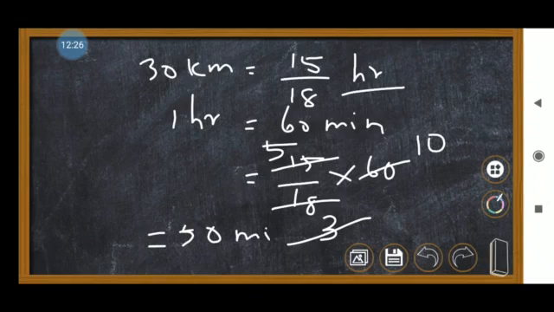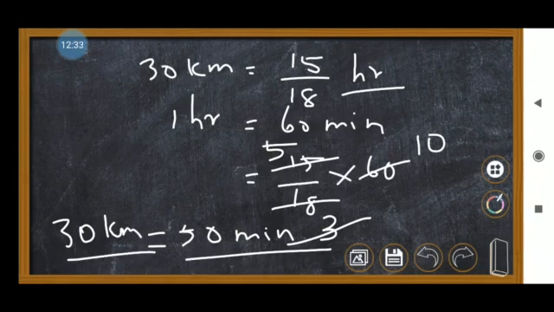So for 30 kilometers they required 50 minutes, which is the right answer.